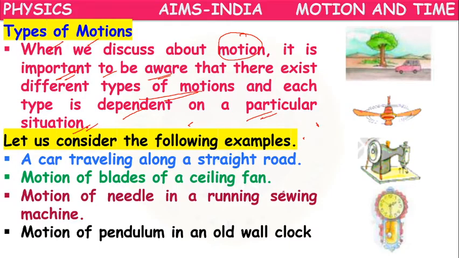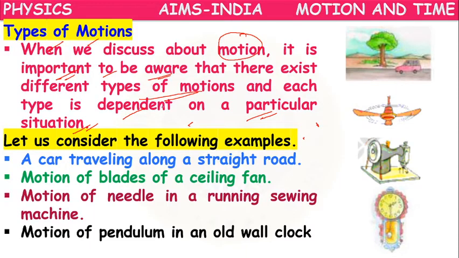Whenever we mention motion, we have to mention the type of motion also. Then only can we understand the situation better and give the answers easily. If we treat all kinds of motion the same, we cannot get the answers.